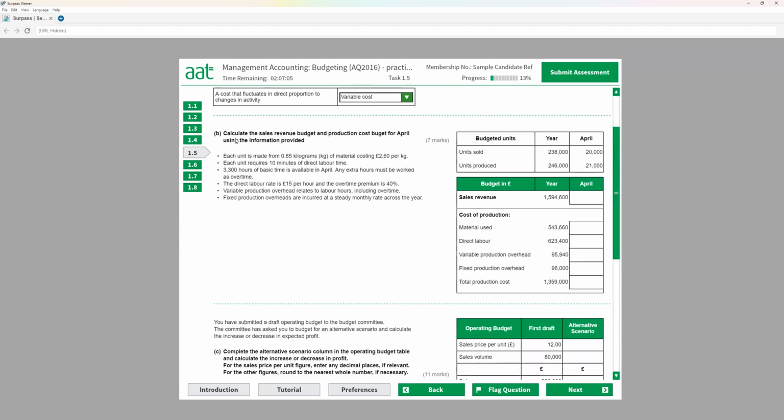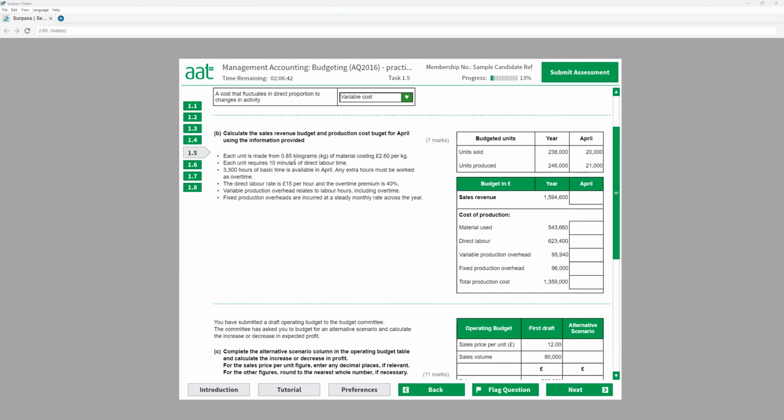Let's look at the next one. Part B says calculate the sales revenue budget and production cost budget for April using the information provided. Each unit is made from 0.85 kilogram of material costing 2.5 per kilo.